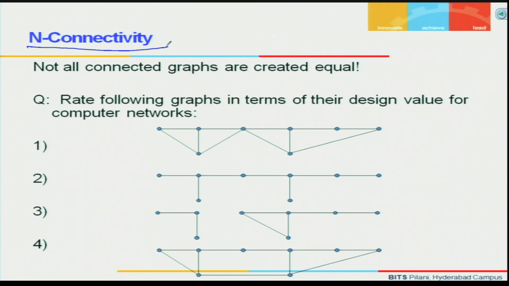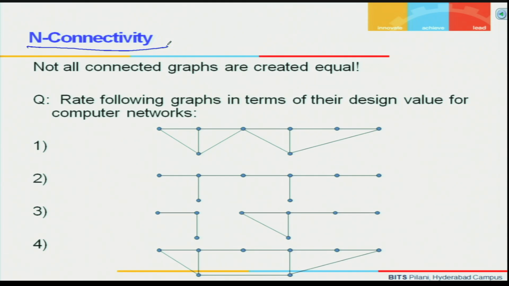Obviously, for a network to be stable, we would like more guys to be down for it to be disconnected. If only one guy is going down and the whole network is coming down, that's not a good design.